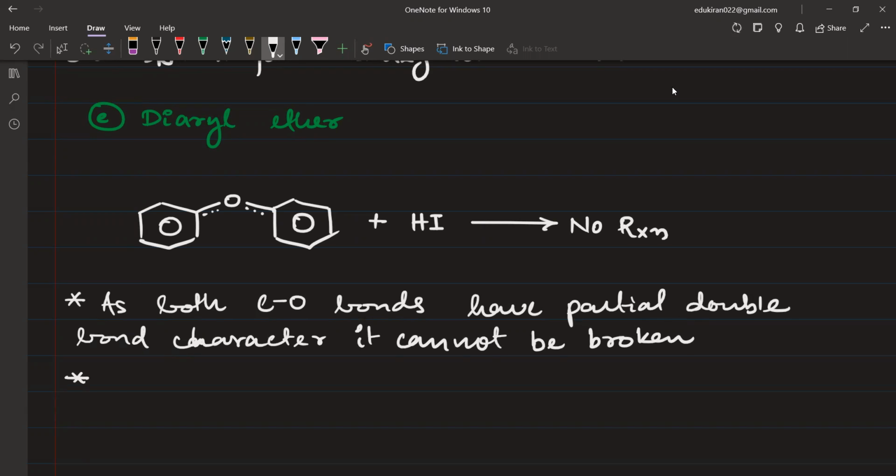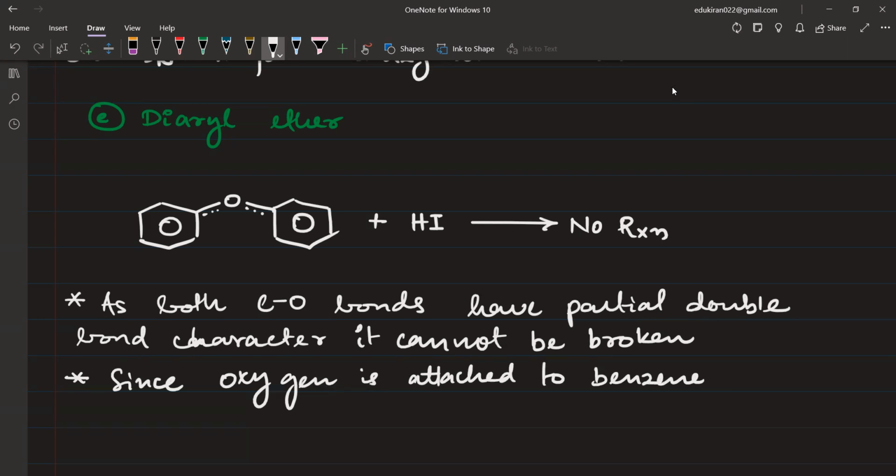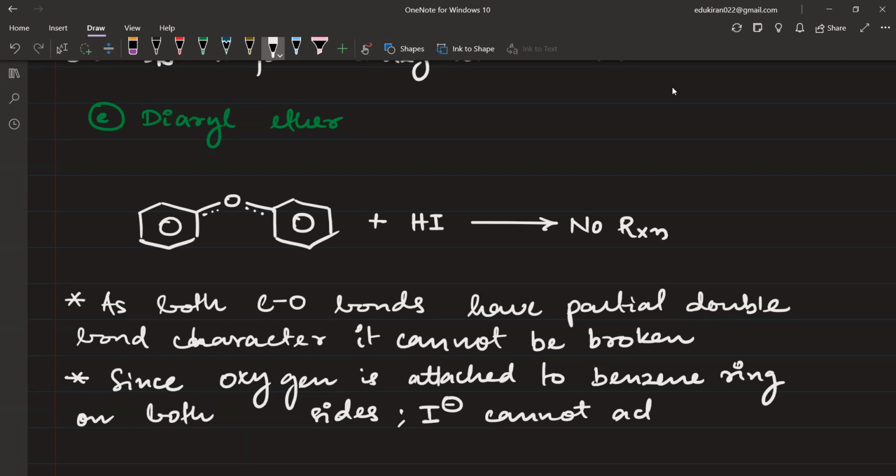Furthermore, we can write that since oxygen is attached to the benzene ring on both sides, iodine negative cannot attack due to electronic repulsion.